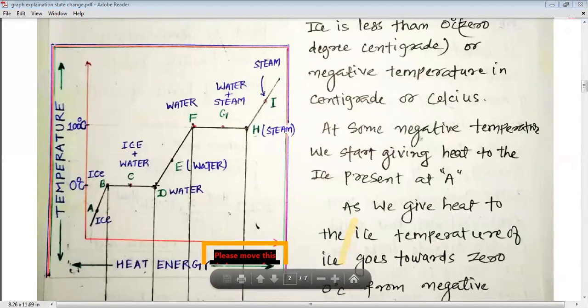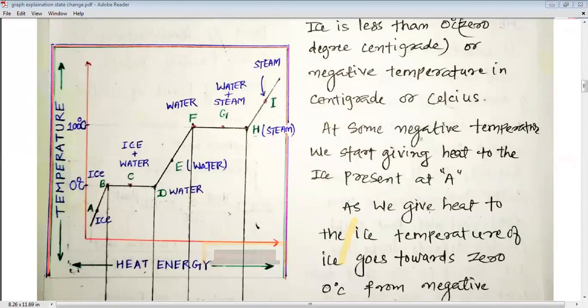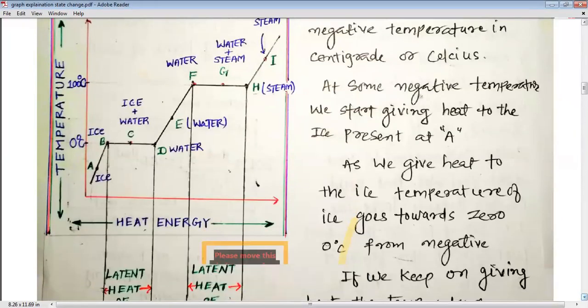We have studied up to point D. Up to point D, there was no increase in the temperature, but after point D, even if we give a small amount of heat, the temperature rises and we start moving from point D to point E. If we keep on giving energy, the temperature of the 1 kg water increases and we move from point D to point E.